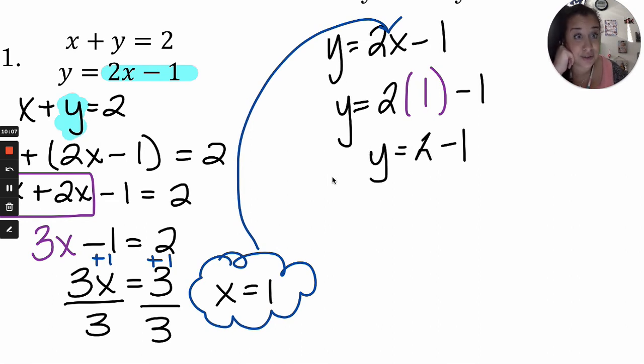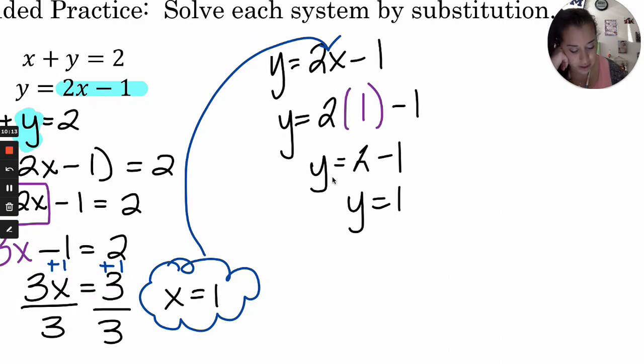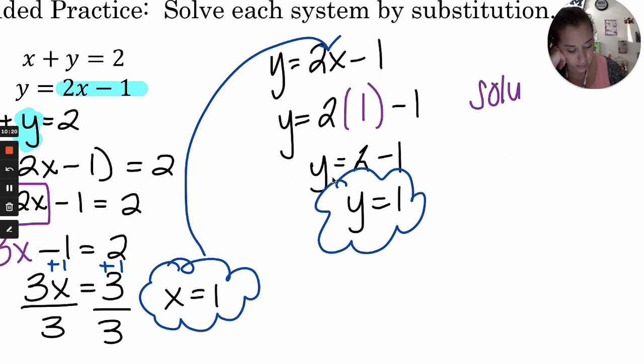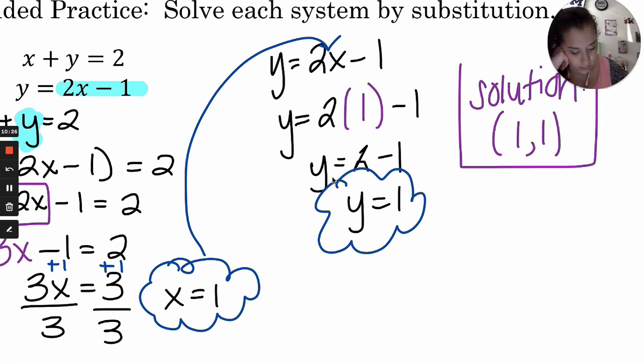Wah, that's a 2. I promise that's a 2. So y equals 1. Okay, but we need our solution to be in the form of an ordered pair. So 1, 1. There's my final answer. Okay, that's an example of substitution.